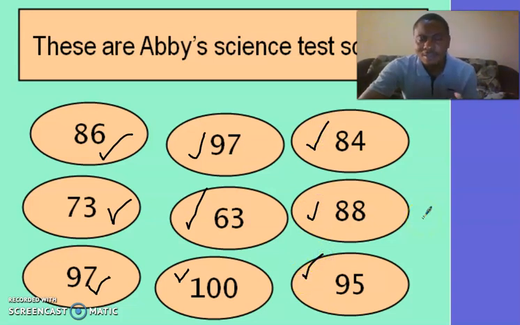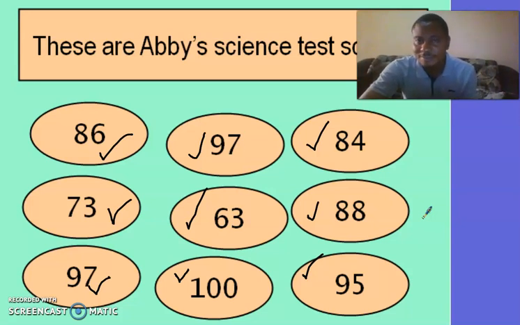And Abby's parents want to make sense of these test scores. And the mom is saying that Abby did well, and the dad is saying that Abby did not do well.